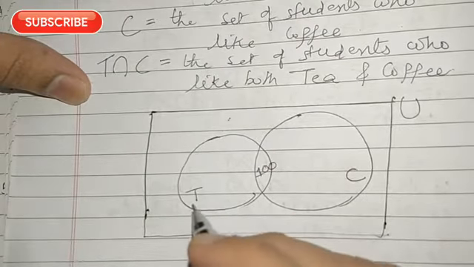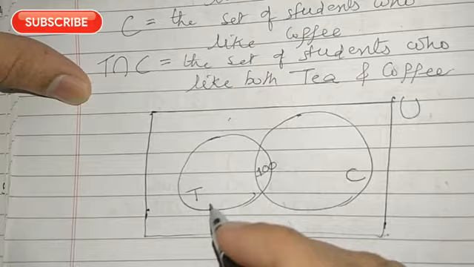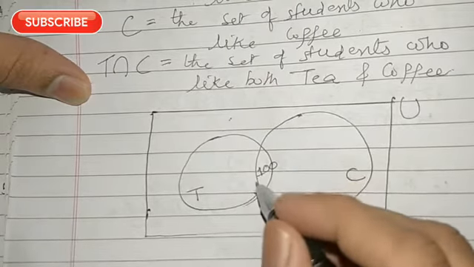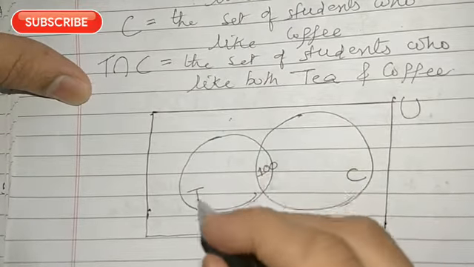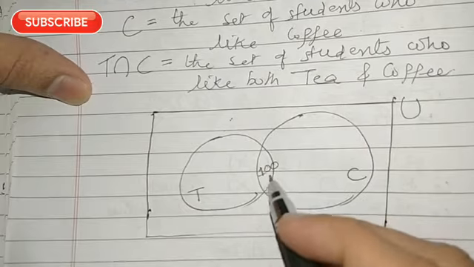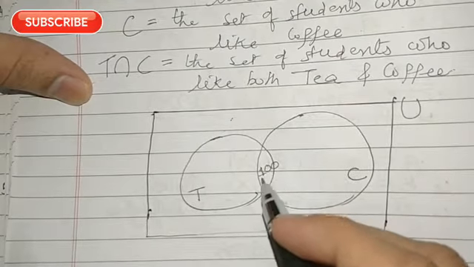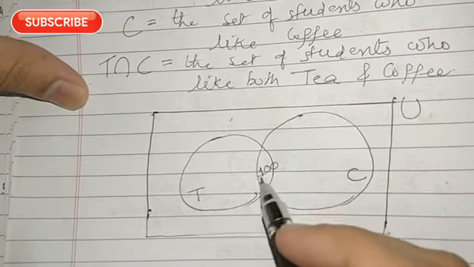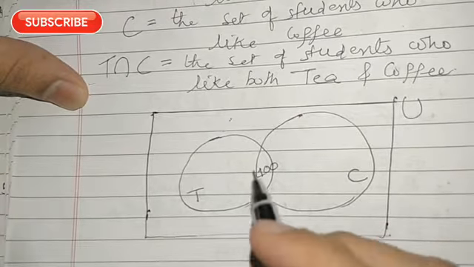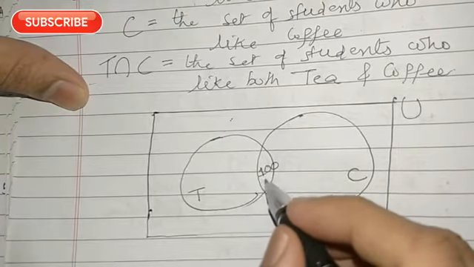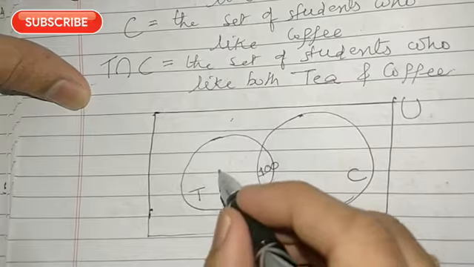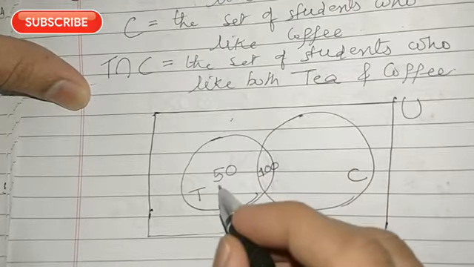And then it is also given that 150 like tea. But you have already taken 100 of them who like both tea and coffee. Out of the 150, 100 you have already taken, right? So how many like only tea?